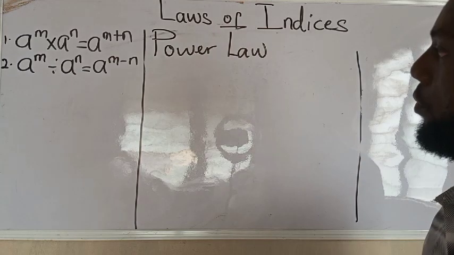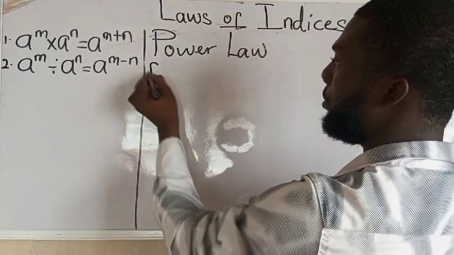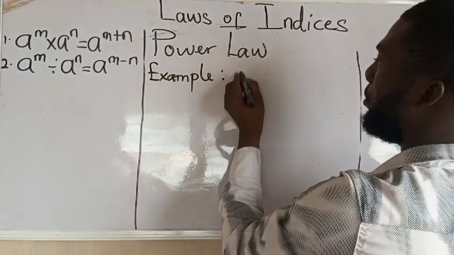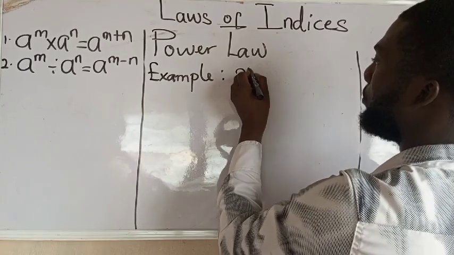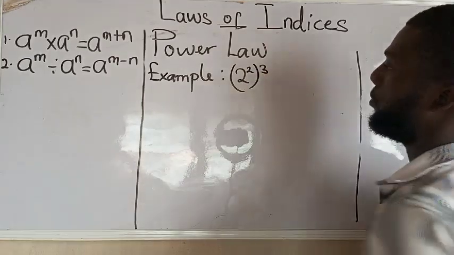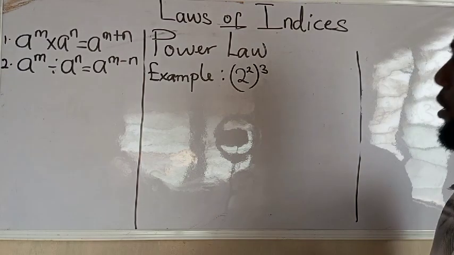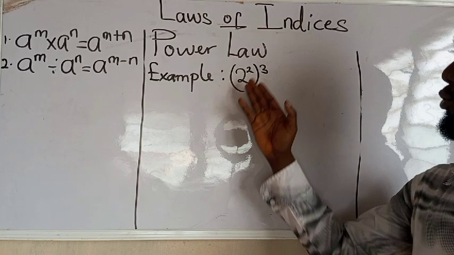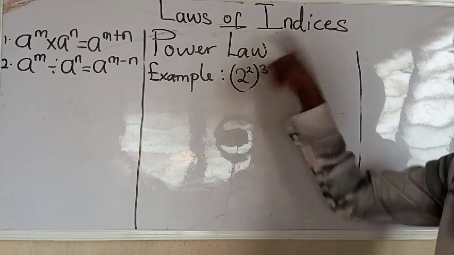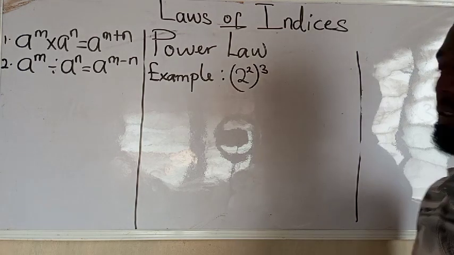Now let's look at an example here. You can see this is 2 raised to power 2 in brackets, and it's also raised to the power 3. So how do we analyze this?